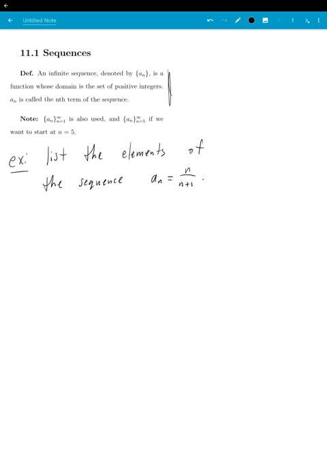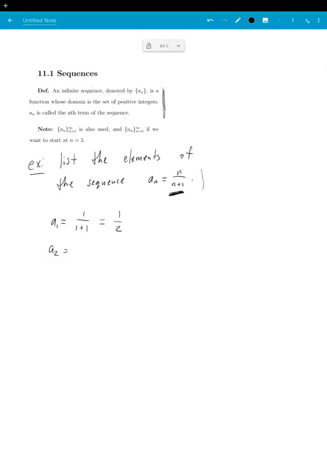Okay, notice here I'm using a slightly different notation. This one's also very common. Okay, so you have a_1. This will be the first term of the sequence. You get 1 over 1 plus 1, just replacing n equals 1 here. And so we get 1 over 2.